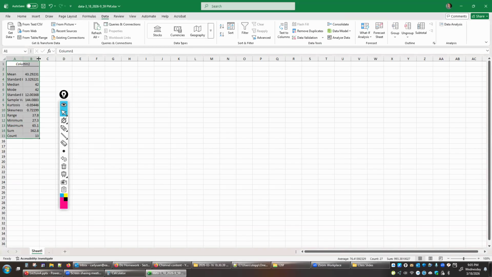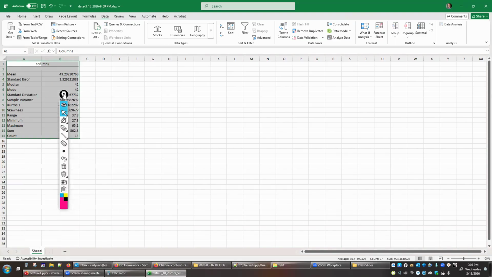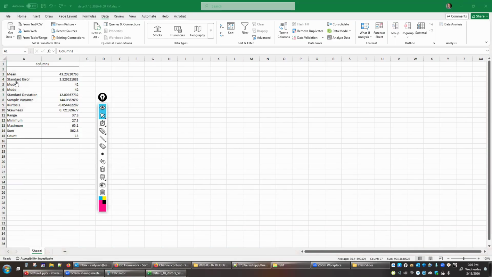And so now on the second page of the Excel worksheet, I have the statistics that I need. Okay. So mean would be the first number here. Standard deviation would be several cells down. Okay, so the mean is 43.3.